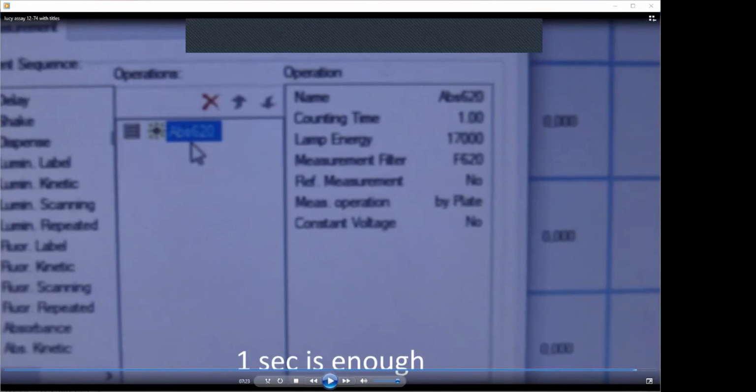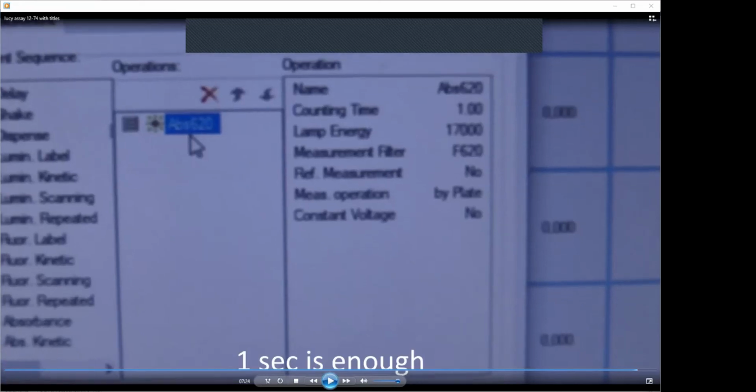Energy of the light which is used for the emission is 17,000 lumen, and counting time is 1 second, so it's a very fast technique. Why am I showing this? Because you have several options for how to program the machine, and it is important to use the proper energy and wavelengths.